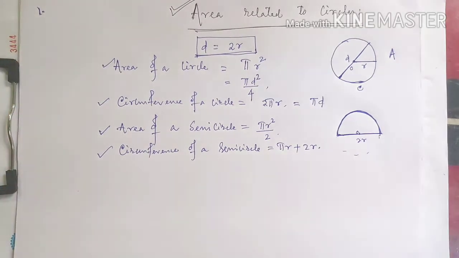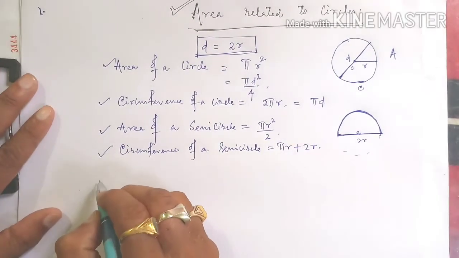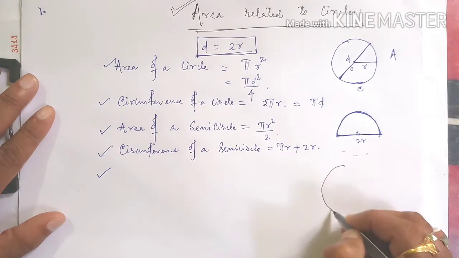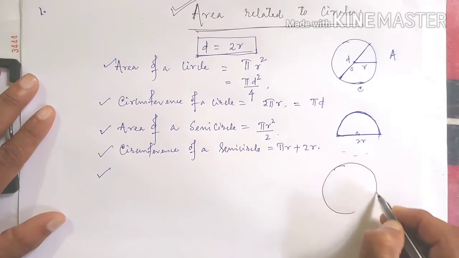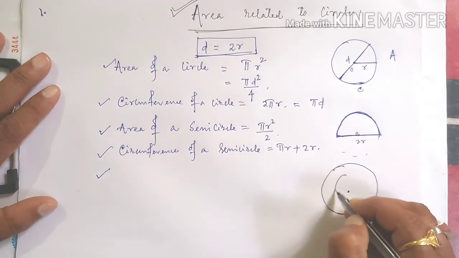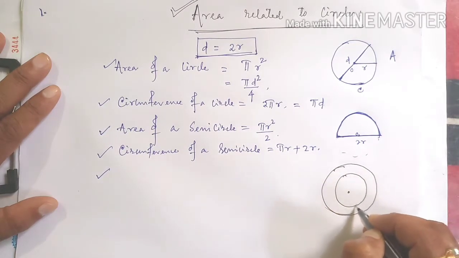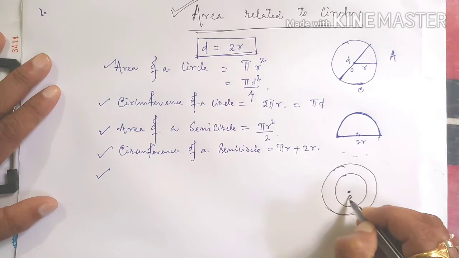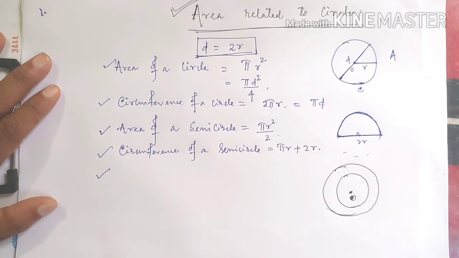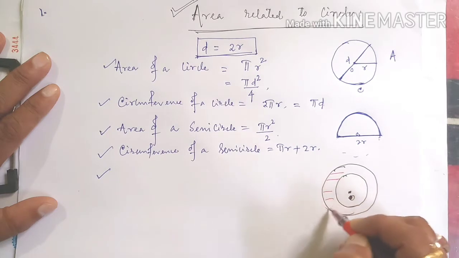Clear? Now is the time to calculate the area enclosed by two concentric circles. Concentric circles means two circles with a common center point. This is the common center O. This is the area enclosed by the two concentric circles, which we can also call the area of the path.